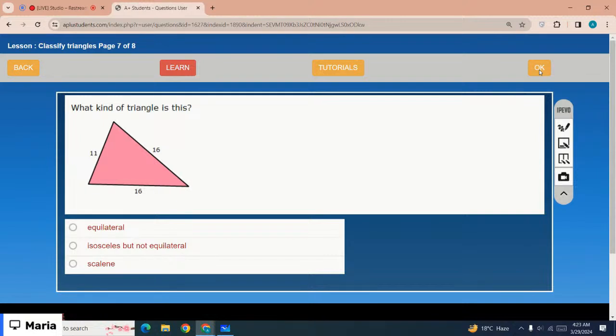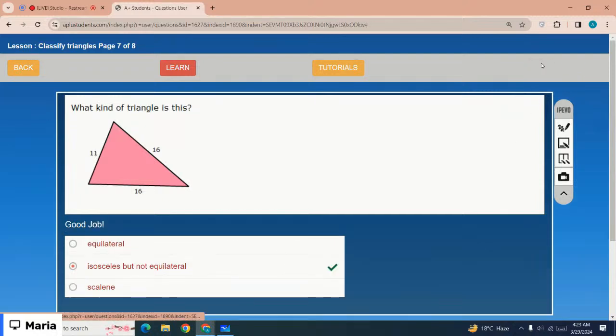What kind of triangle is this? That is an isosceles triangle but not equilateral, right? Because two of the side lengths are exactly equal.